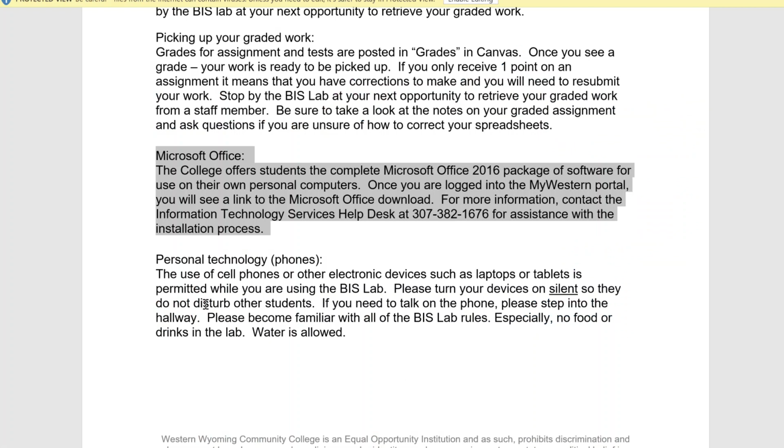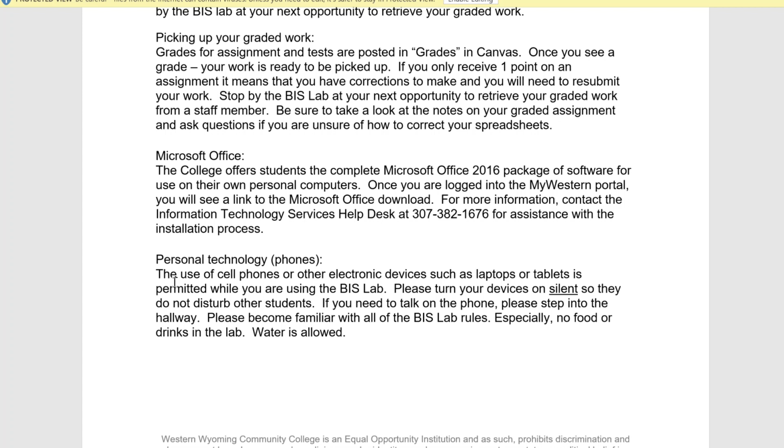And then a few more things here. Let's talk about personal technology. While you're working in the computer lab, please do have your phones and tablets and whatnot handy, but do make them silent. Just know that people working in the lab could possibly be taking a timed test, or everyone who works in the lab is doing usually something different.